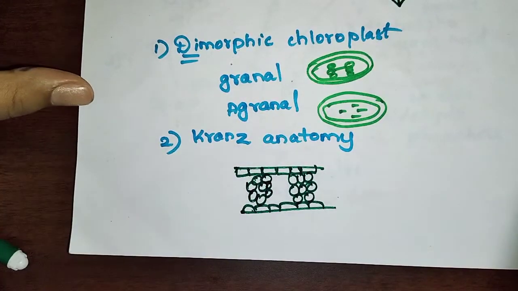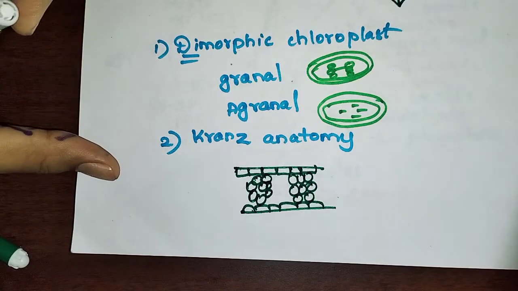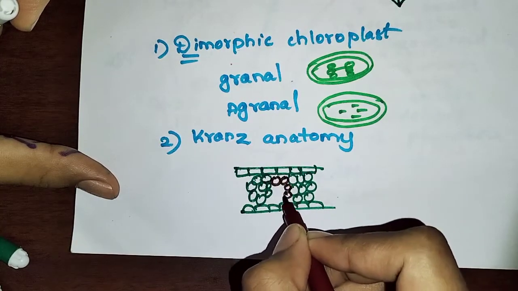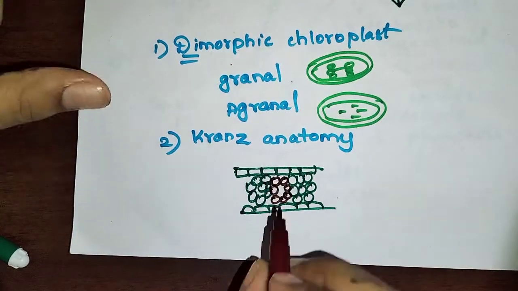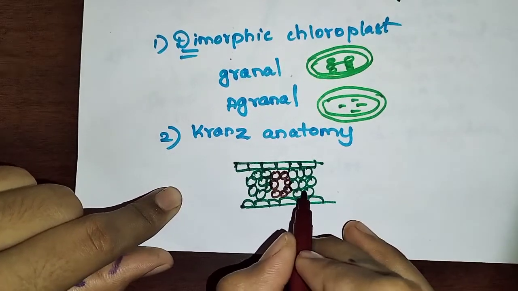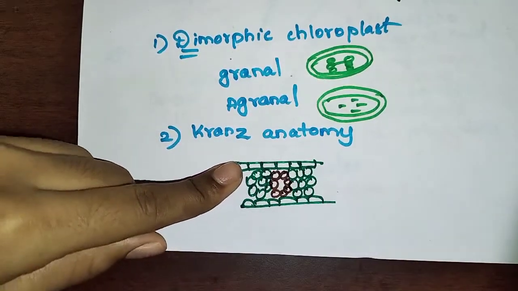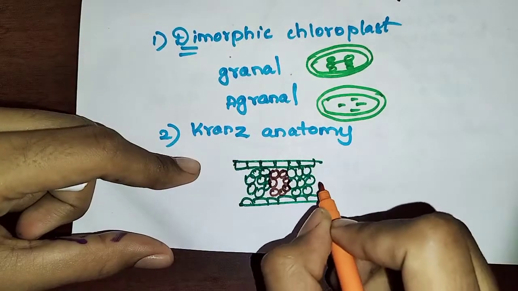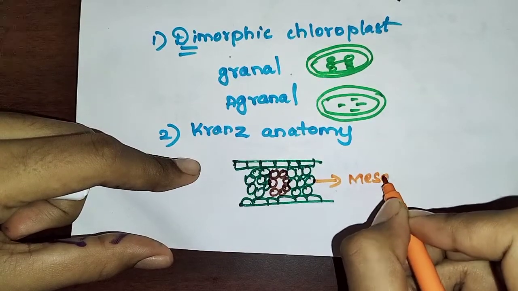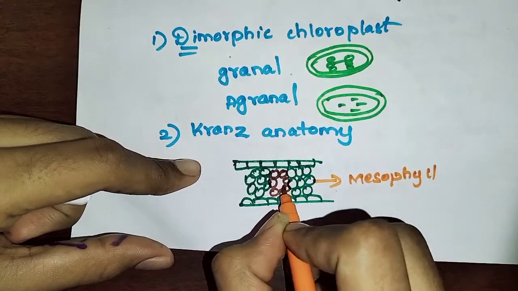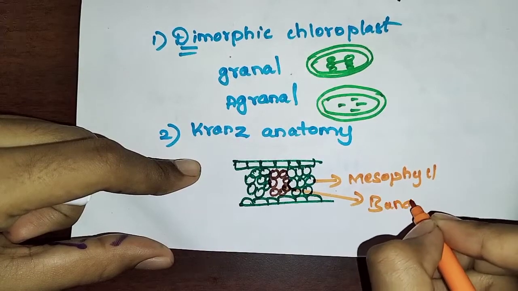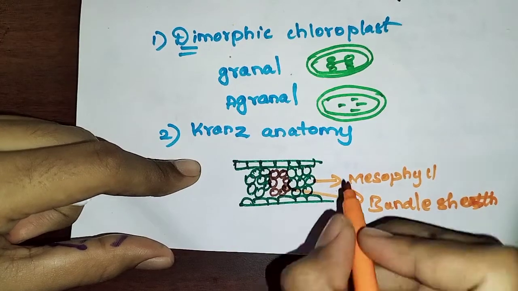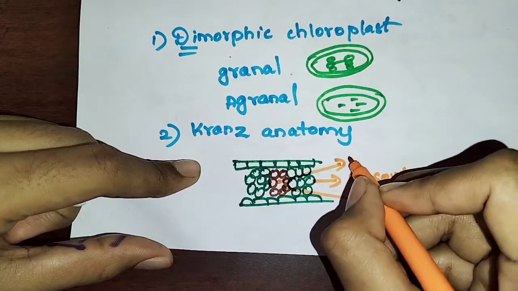Now in the center we have a special cell called the bundle sheath cell. The green color I have drawn is the mesophyll cell. Clear? This brown color is the bundle sheath cell. Next, this one is the vascular bundle.